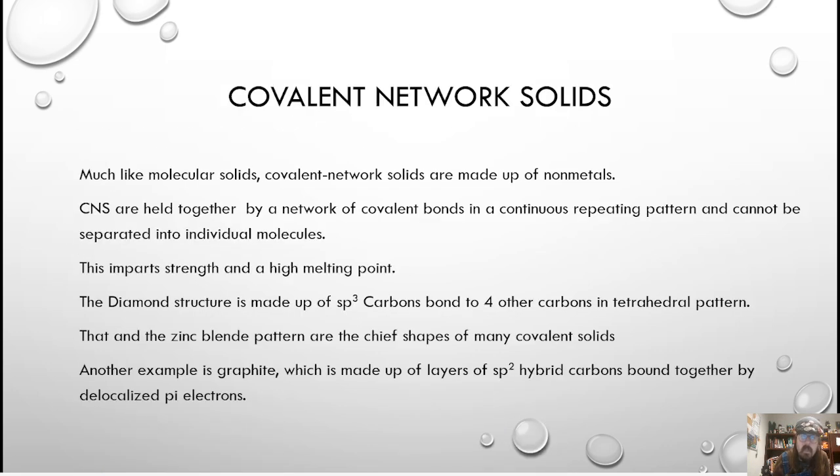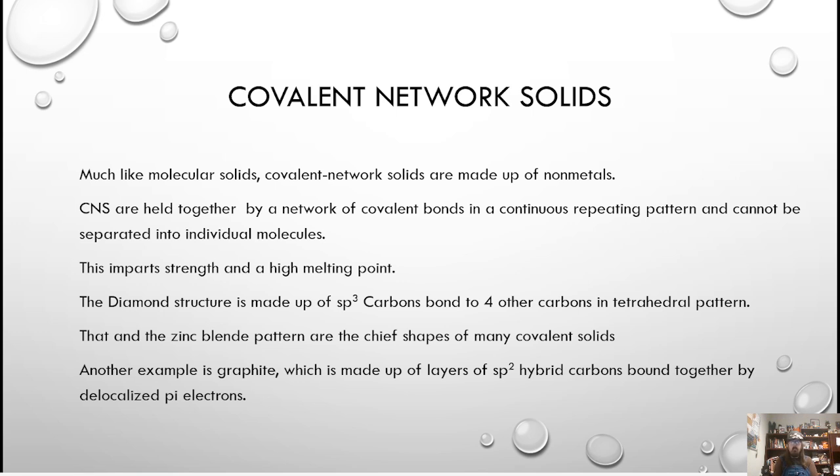The last type of solid are covalent network solids. They're very similar to molecular solids in that most of them are made up of nonmetals. But what is different is that covalent network solids are held together by specifically covalent bonds that run in a continuous repeating pattern, and we cannot separate them into individual molecules.